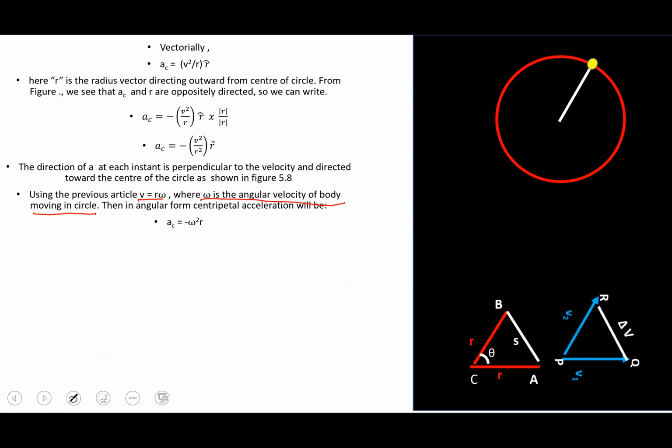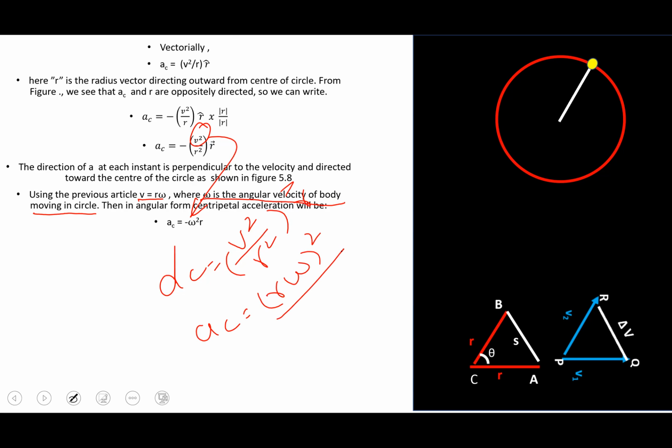Then in the angular form, for the centripetal acceleration, instead of v square we are going to put omega square r. Now how does this come into being? AC is equal to v square over r square into r. Instead of v square, I can put r omega whole square divided by r square into vector r.